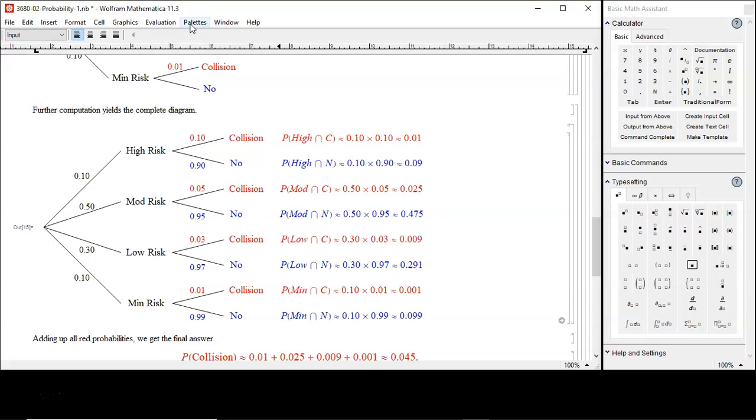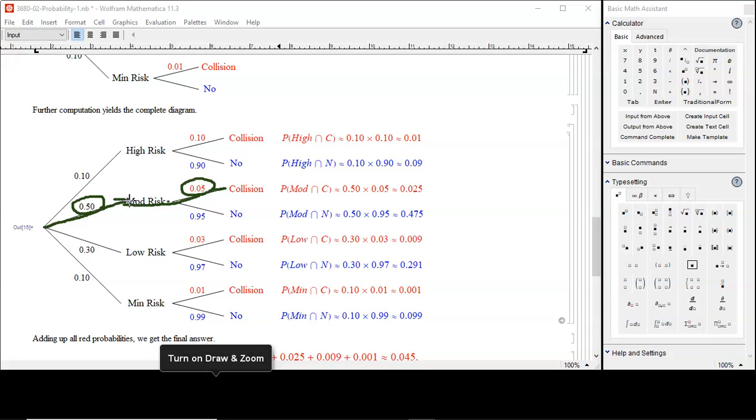So multiply. So for example, if you follow moderate risk driver and then getting into collision, you're following this path like this from here and following this path. So using multiplication rule, you're going to get this multiplication and this result for moderate risk driver getting into collision.